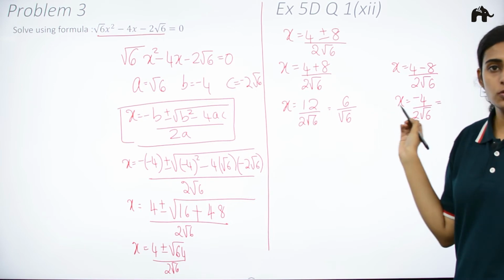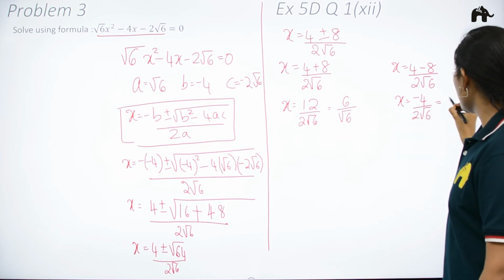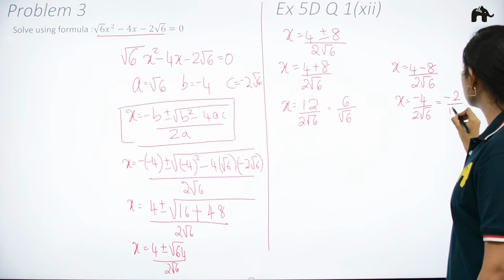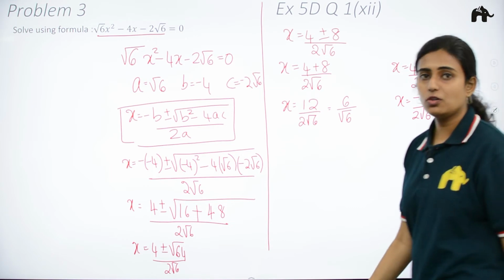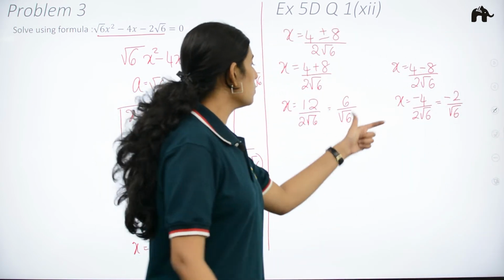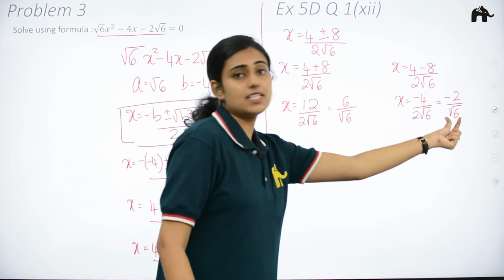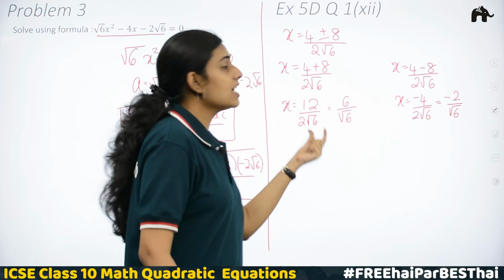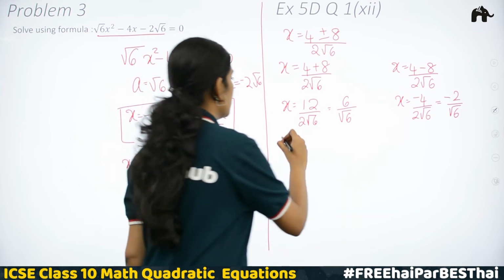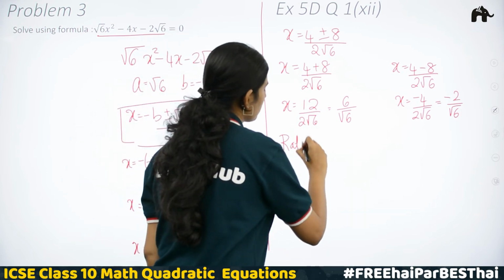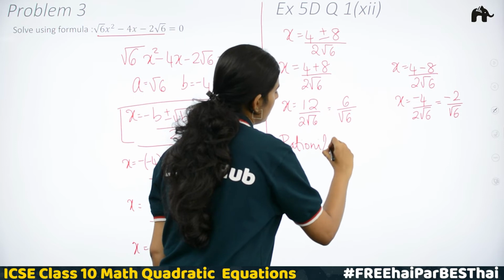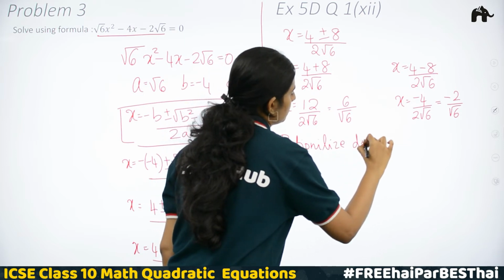Minus 4 by 2 root 6 is equal to minus 2 by root 6. Now what to do? We have roots in the denominator. When you have roots in the denominator, we'll rationalize the denominator.